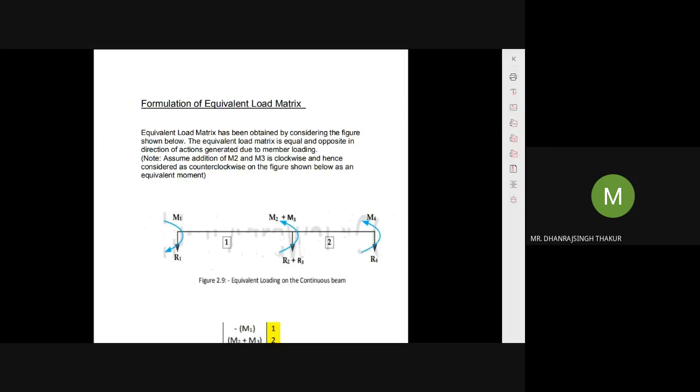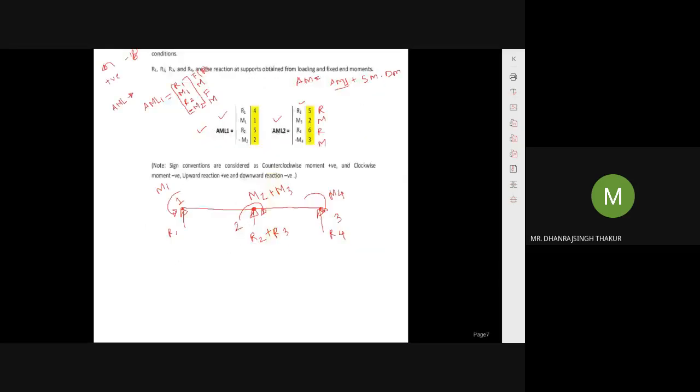Okay, so assume the addition of M2 and M3 is clockwise. So this is the superimposed figure. I have superimposed all loads on the actual beam.